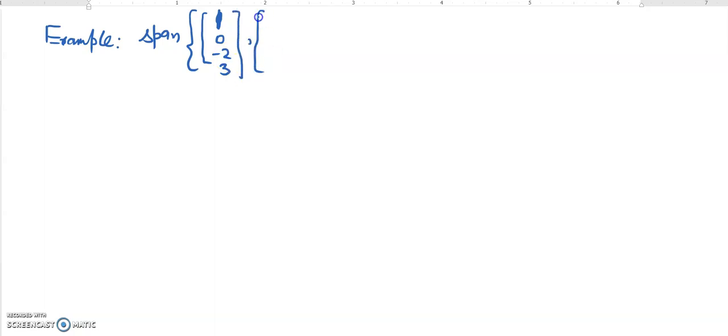Now the next question is, if we are given a subspace, for example, the span of three vectors: (1, 0, -2, 3), (-2, 2, 4, 2), and (3, -1, -6, 5).